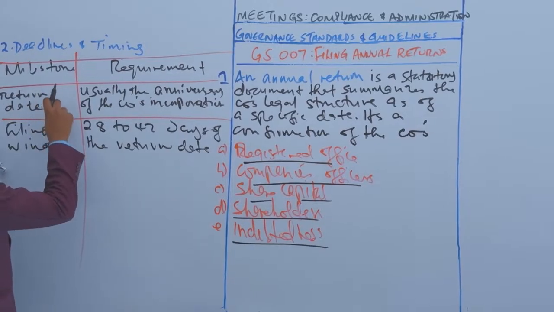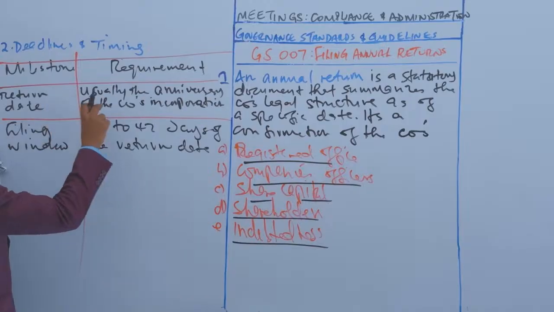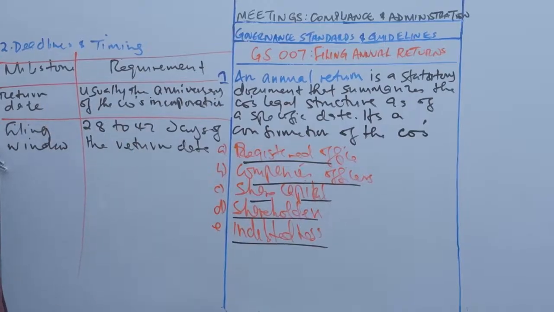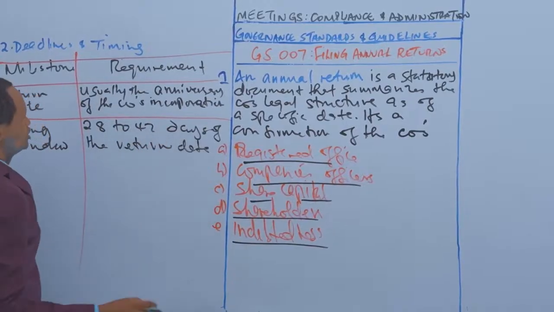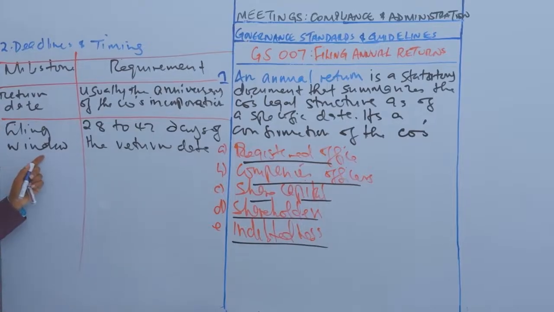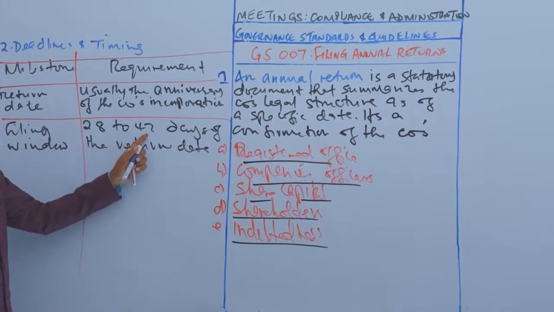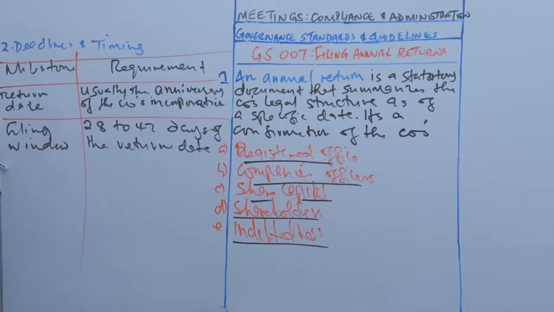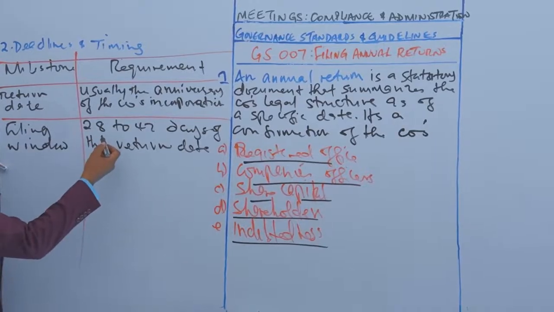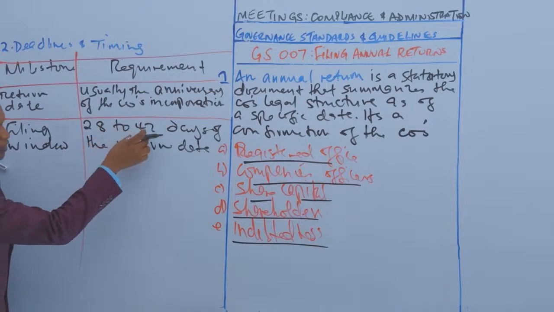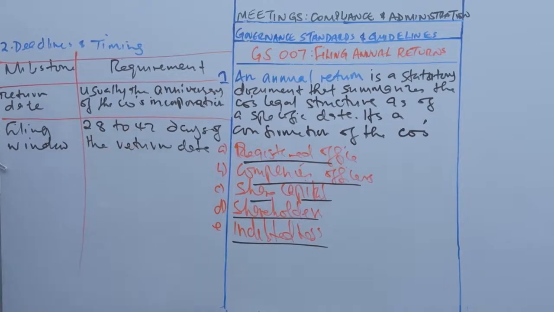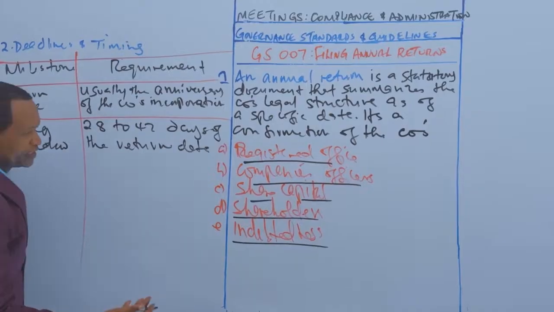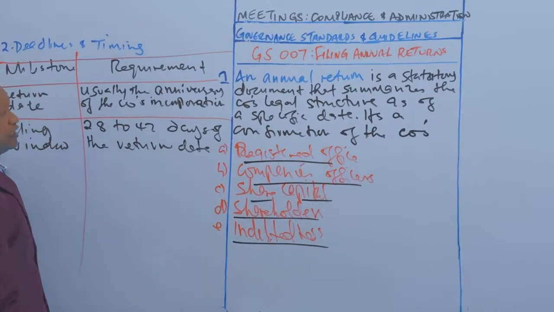The return date is exactly 1 year after the incorporation of the company. Understand? So filing has to be done within 42 days, not more than 42 days, and it could be after 28 days, between 28 and 42 days after the anniversary. So it could be the first anniversary, second anniversary, third anniversary, and so on.